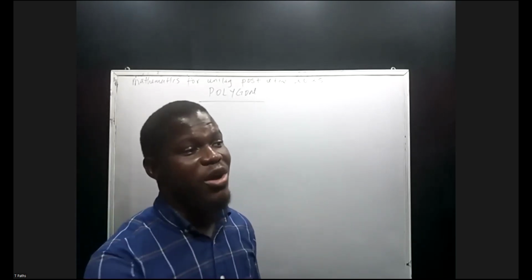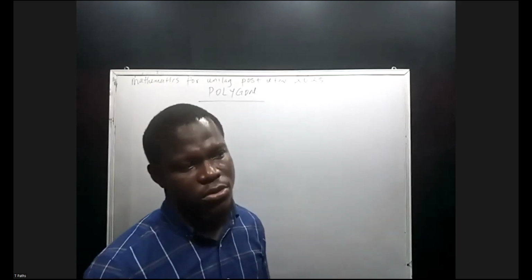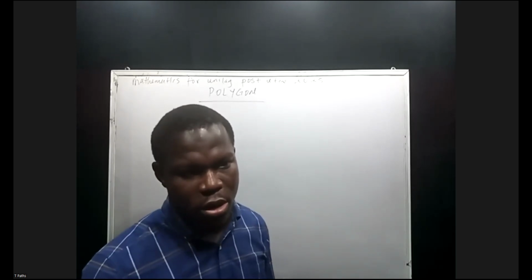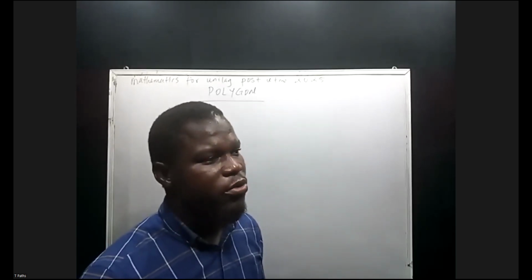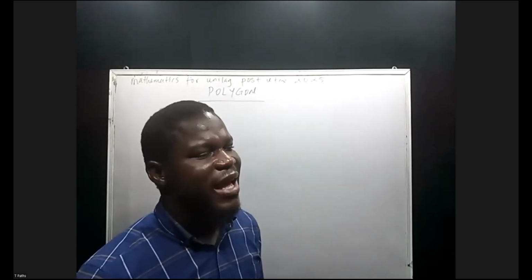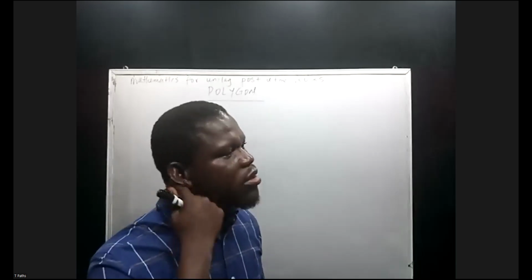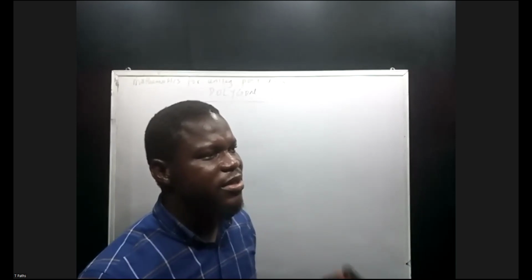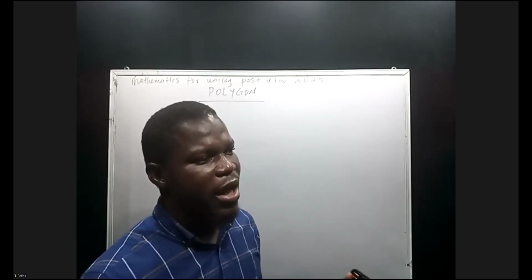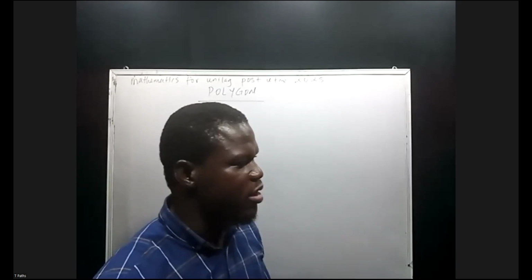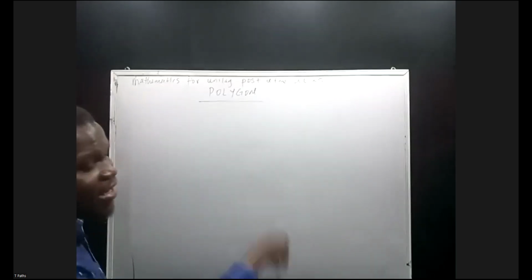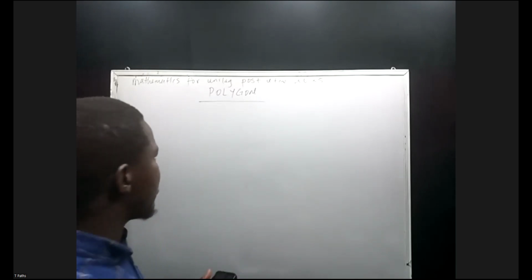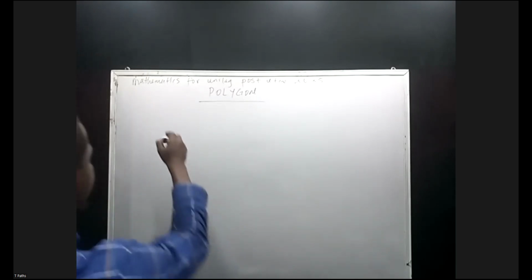We have talked about triangles and all those ones; they are still polygons. But today, we are going to talk about polygons in terms of angles, like the number of sides and the total angle that each polygon will have, depending on the number of sides. So I will start with the definition.